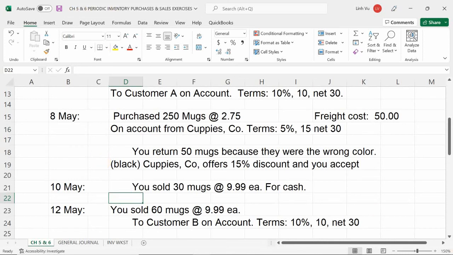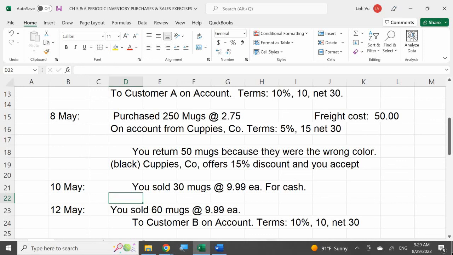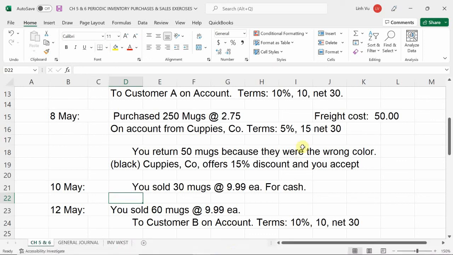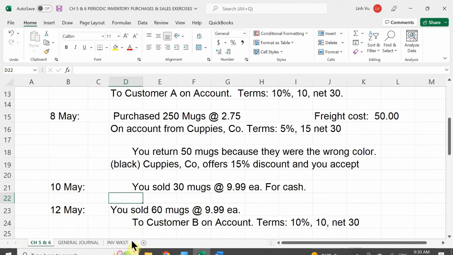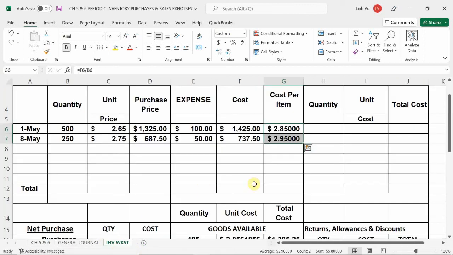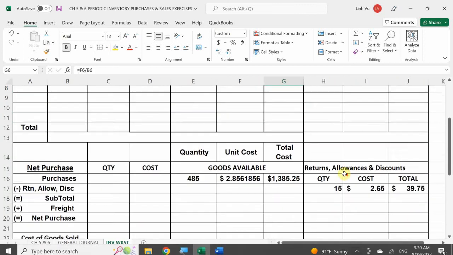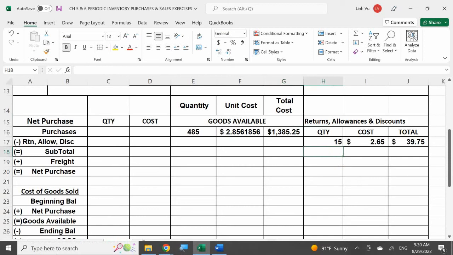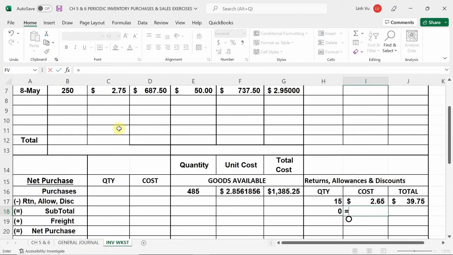So 50 mugs, and you're going to get a 15% discount. Let's go ahead and figure that out in my inventory worksheet. Am I really returning anything? No. But which batch of inventory am I referring to?